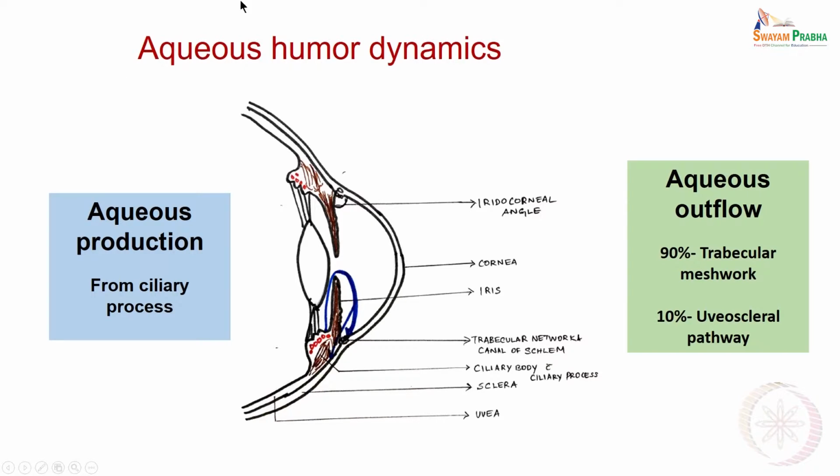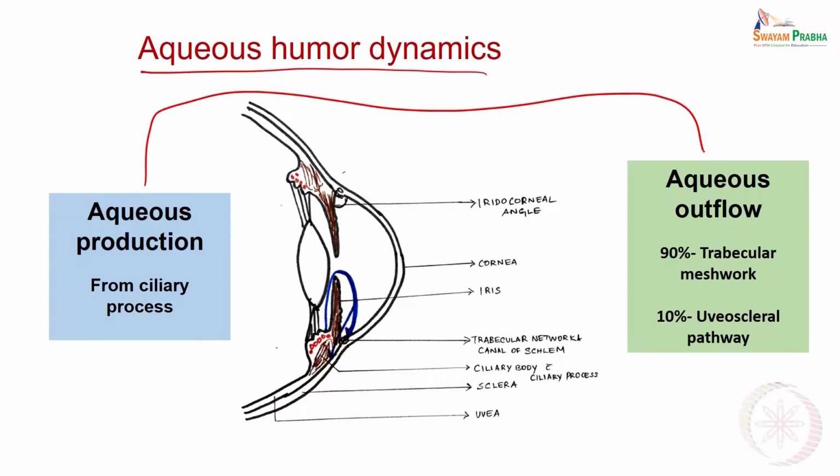This is a diagram which represents a simple way of aqueous humor dynamics. On one side you can see aqueous humor production, and on the other side you can see the aqueous humor outflow. Aqueous humor production is from the ciliary process, and you see the ciliary body here.